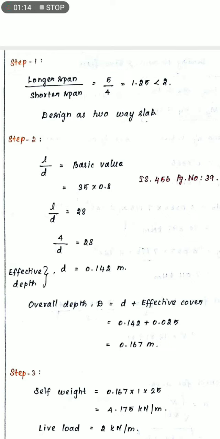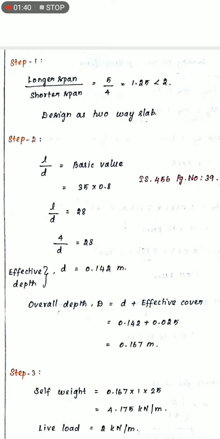Next step is the thickness of the roof slab, or depth of slab. It is obtained from IS 456 for simply supported, the span by depth ratio equal to 35 into 0.8 because it is a two-way slab, as per codal provision page number 39.